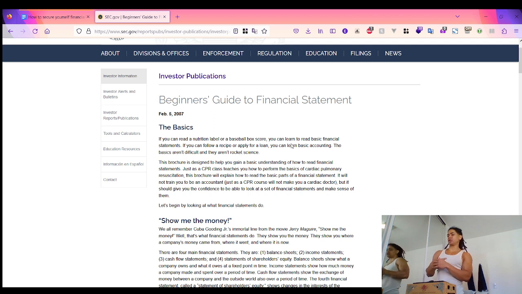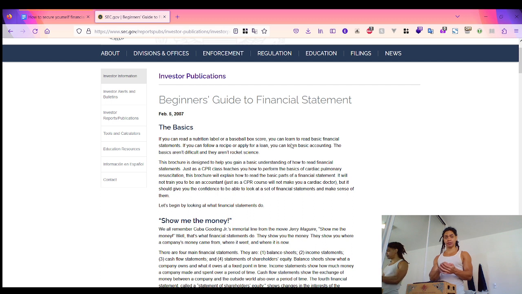It will not train you to be an accountant, just like a CPR course will not make you a cardiac doctor, but it can give you confidence when you're able to see a set of financial statements and make sense of them.